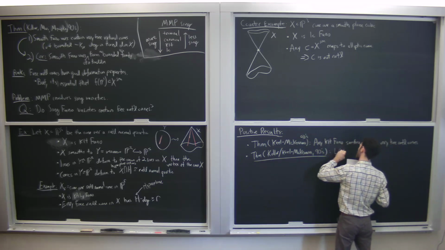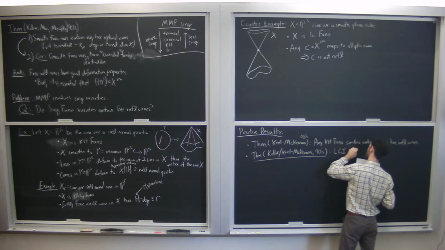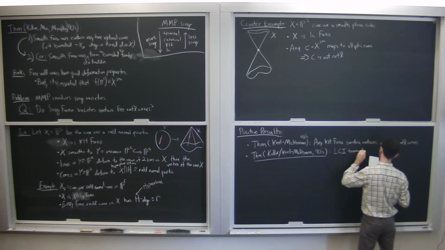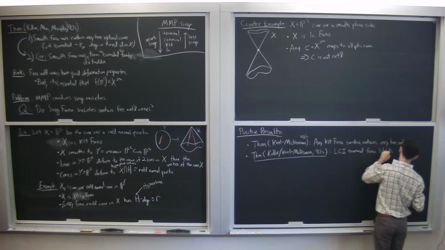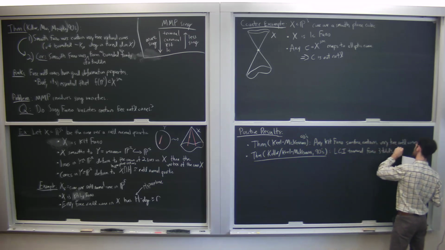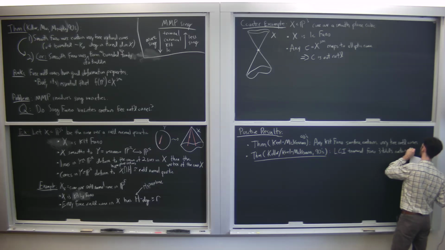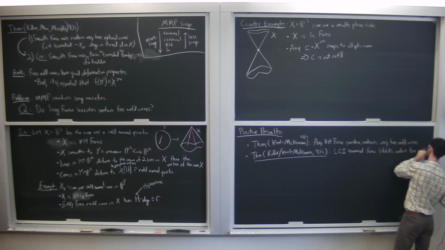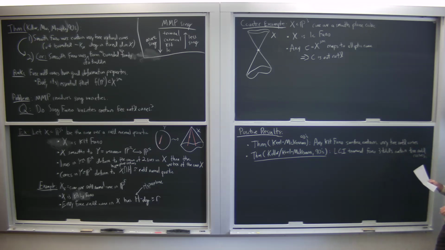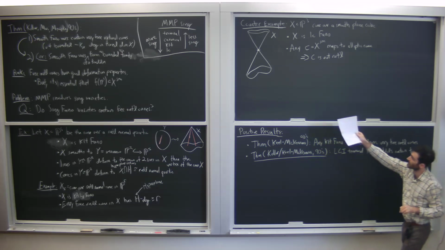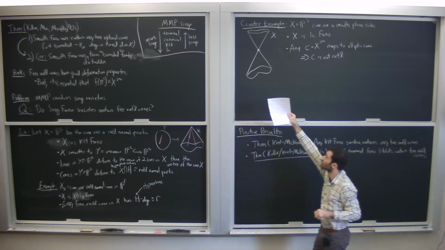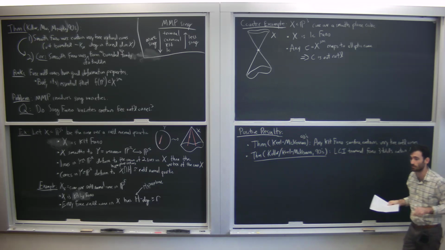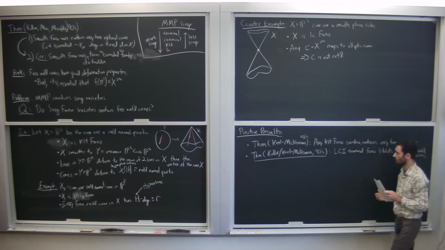They show that LCI terminal Fano threefolds contain free rational curves. Here, terminal was the simplest kind of singularities that we could have resulting from an MMP, right?